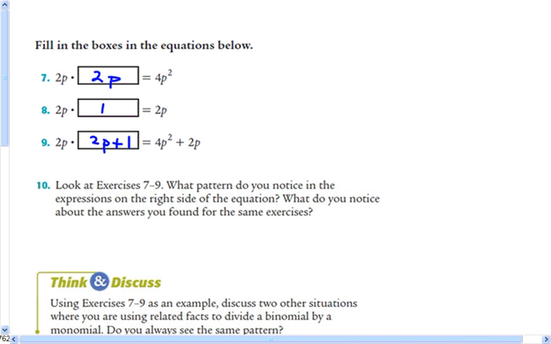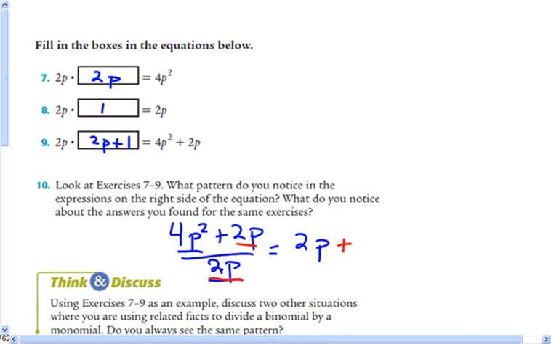So we actually have 2 parts to our equation. When we did 4p squared plus 2p and we were dividing it by 2p, we were looking for 2 things. What number times 2p equals 4p squared? And that was 2p. And what number times 2p equals 2p? And that number is 1.